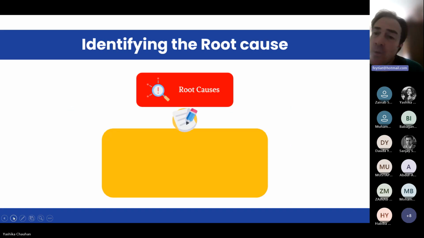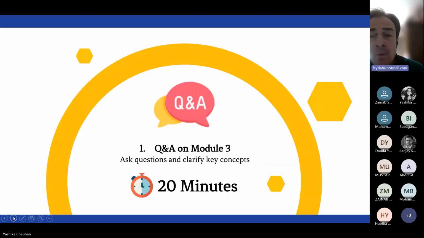Root causes, well, we describe it. Now, remember that if there is one problem, there could be lots of causes, intermediary causes, and there could be lots of root causes. And that should be expressed.